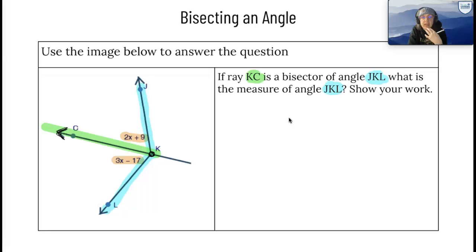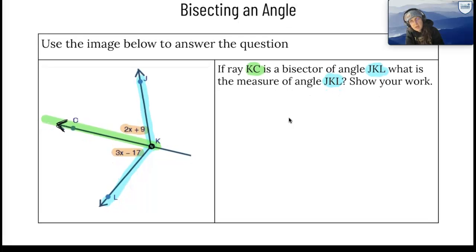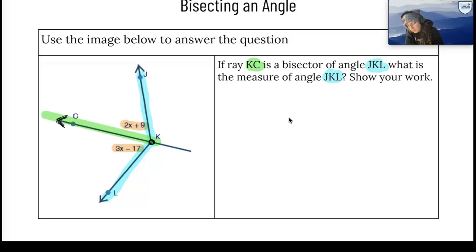The reason we know that is because KC bisects the angle. Because they're equal, we're going to take 2x plus 9 and set it equal to 3x minus 17.